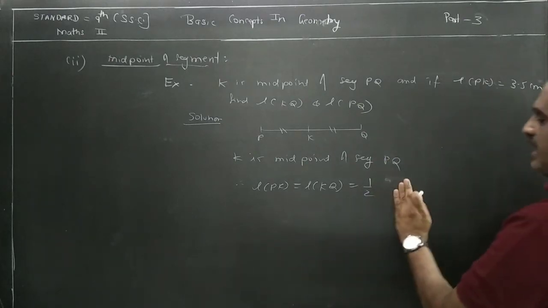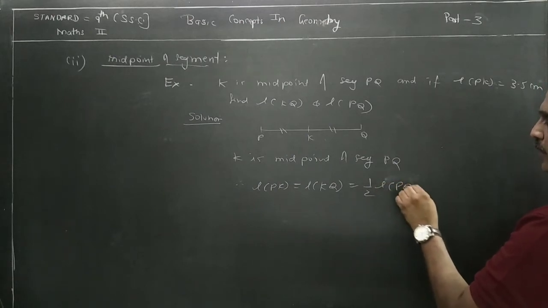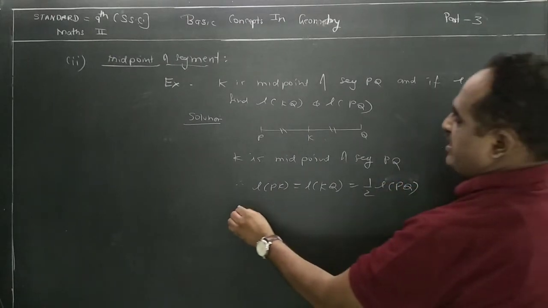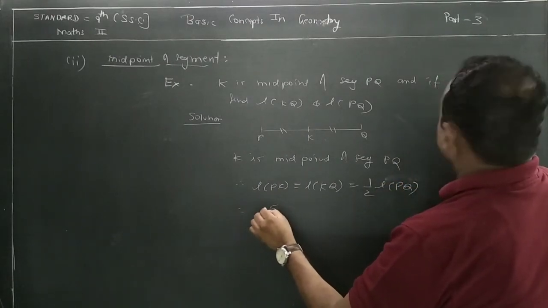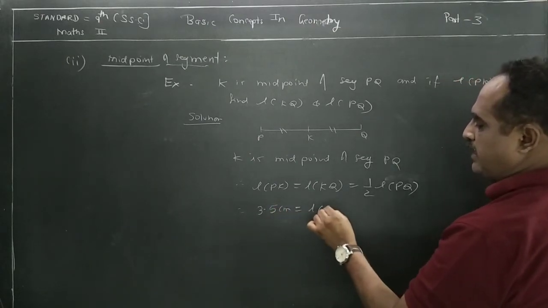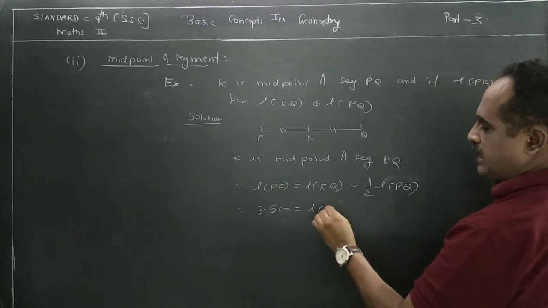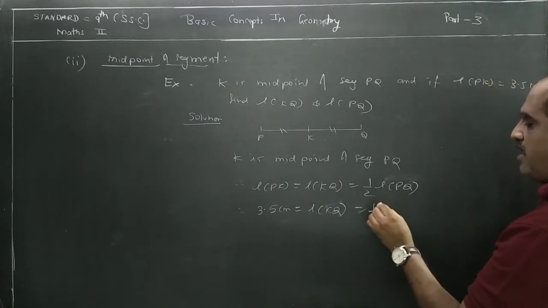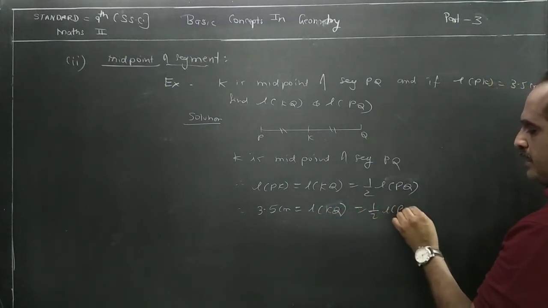We know PK is 3.5 centimeter, which is equal to length KQ, which is equal to half of length PQ.